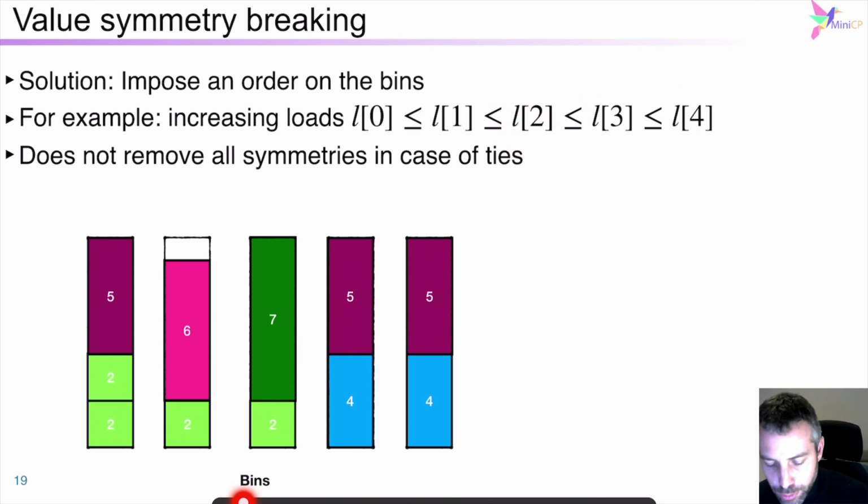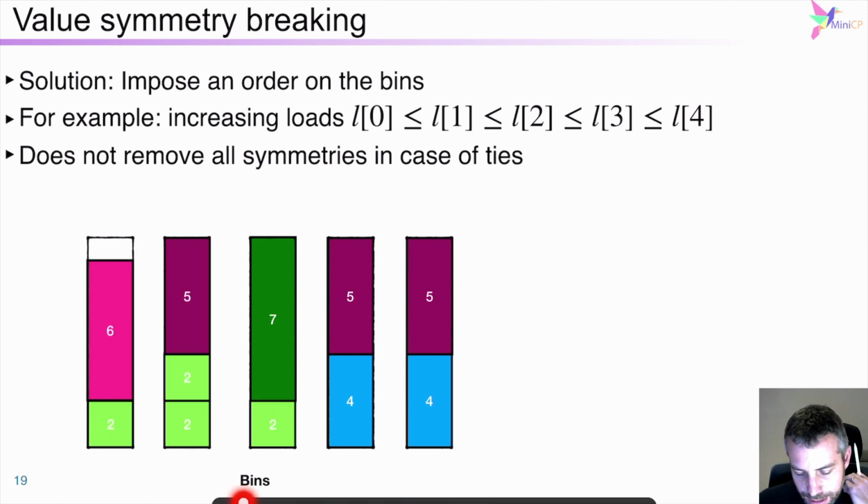If I impose this constraint, clearly this is not a solution anymore because I need to have the smallest load in the first bin. So I will need to exchange these two. But as you can see, bins 1, 2, 3, 4 still have the same load, so they can still be flipped. So this kind of symmetry constraint will not break the symmetry completely in case of ties, as is the case in this instance.